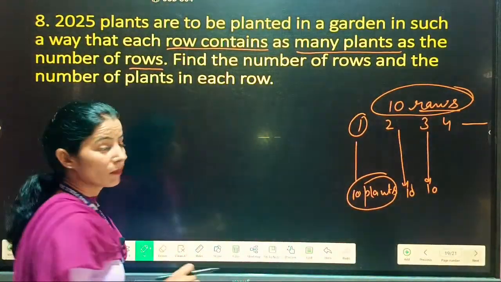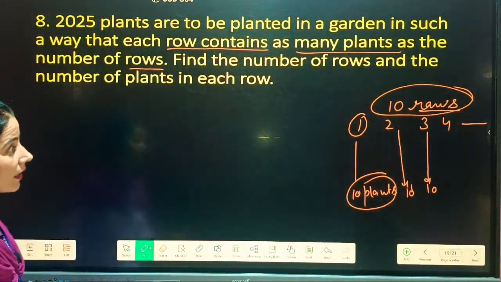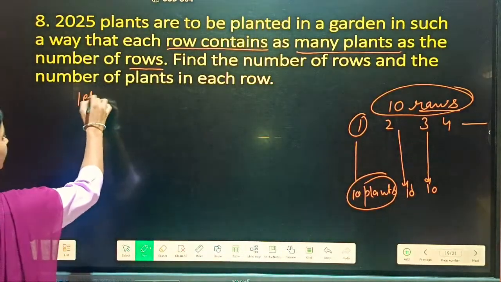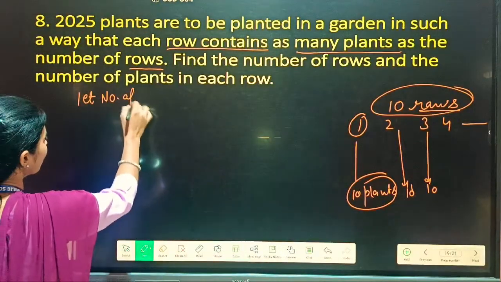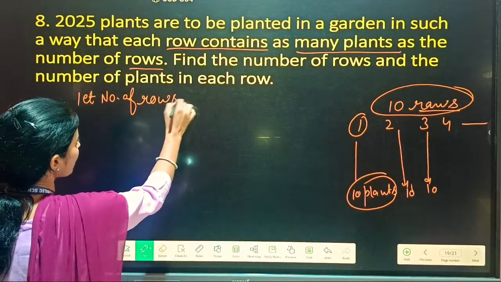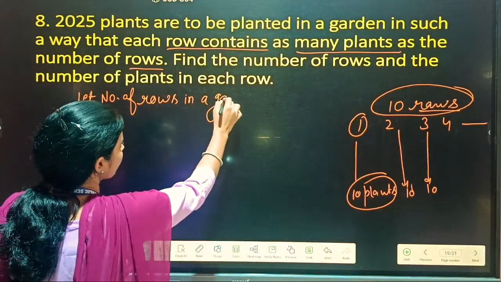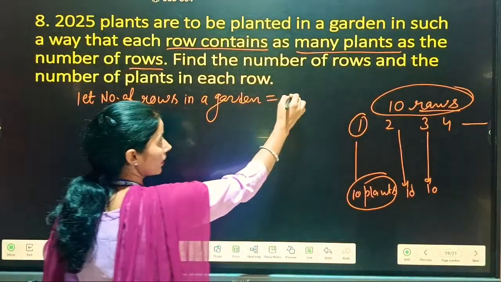Let us consider the number of rows in a garden are x.